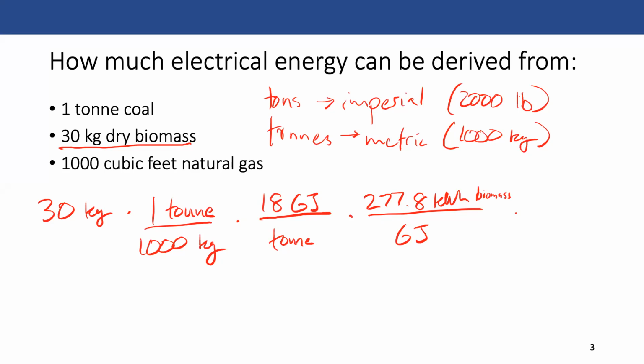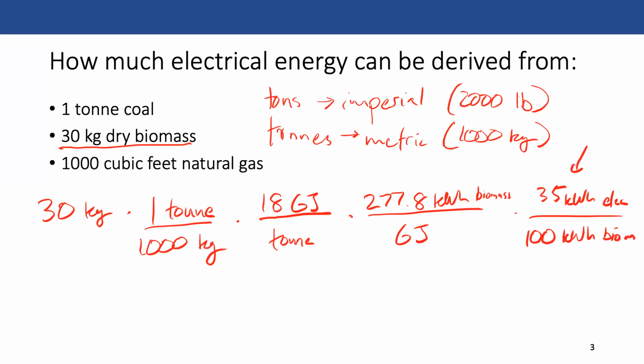And if we want to change that into electricity, we can use the efficiency of conversion. This is basically burning the biomass to turn it into electricity. So that's 35 kilowatt hours of electricity for 100 kilowatt hours of biomass.